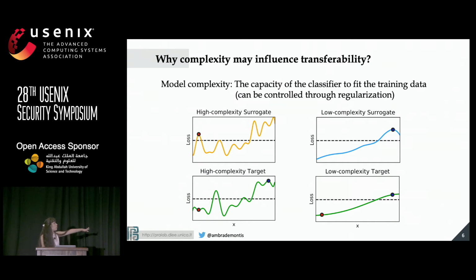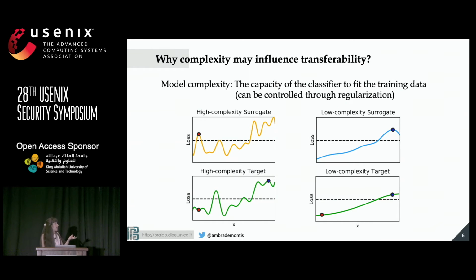This, of course, is due to the fact that the function on the right is smoother and nicer, so it's easier to optimize. If we try to transfer the attack against different targets, we see that the point that we devised against the high complexity surrogate doesn't transfer, even to another high complexity classifier that may be trained on a different training dataset.